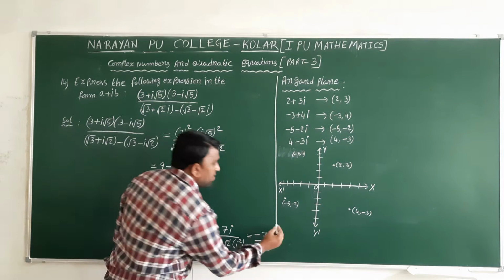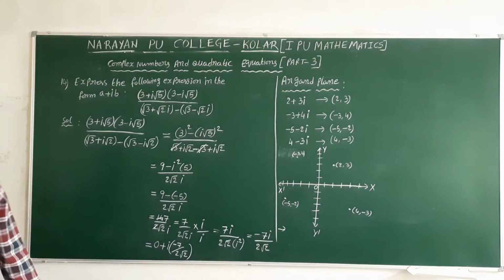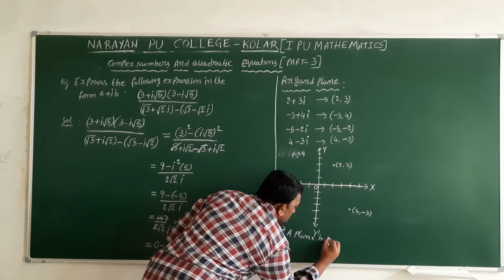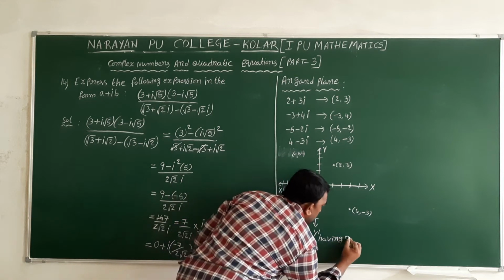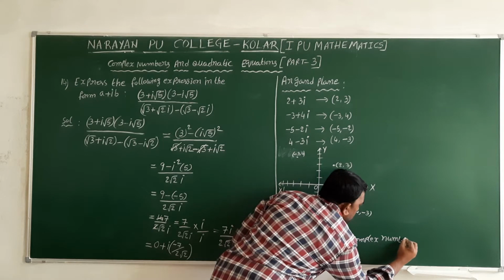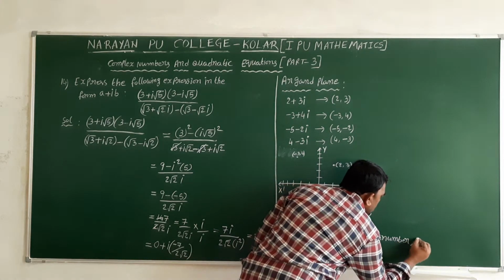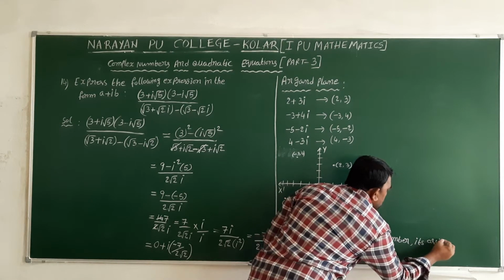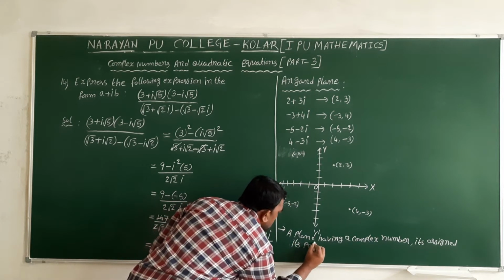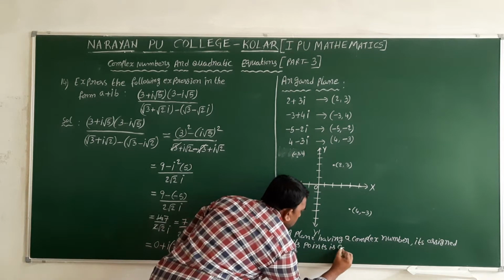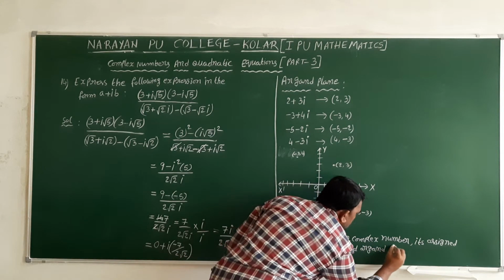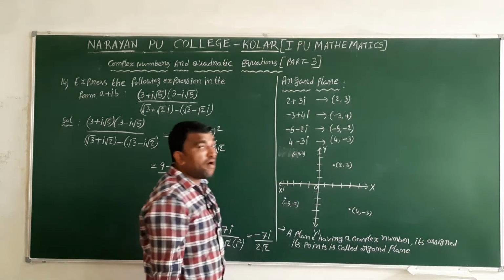So generally, how to define the Argand plane? A plane having complex numbers, assigned its points, is called the Argand plane, or otherwise we can call it the complex plane also.